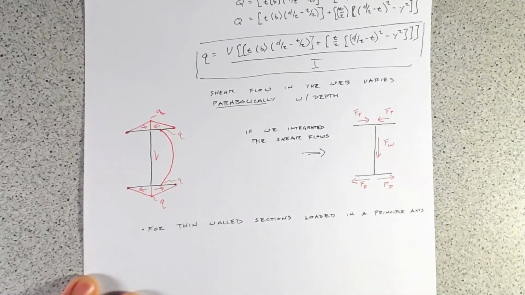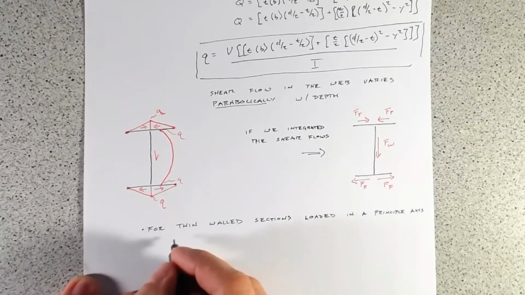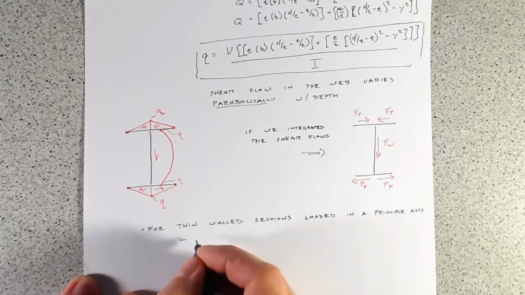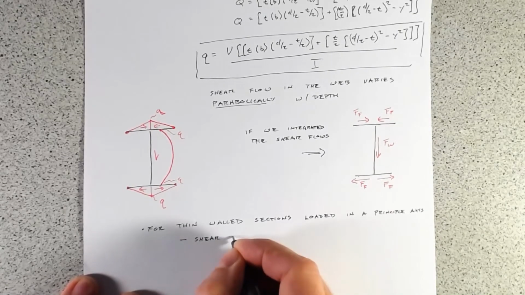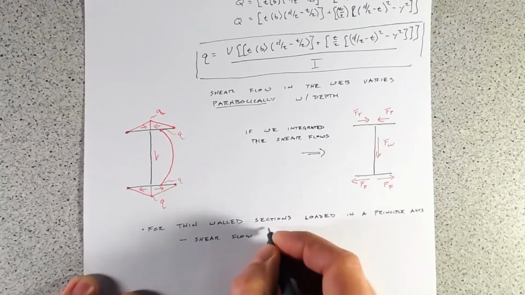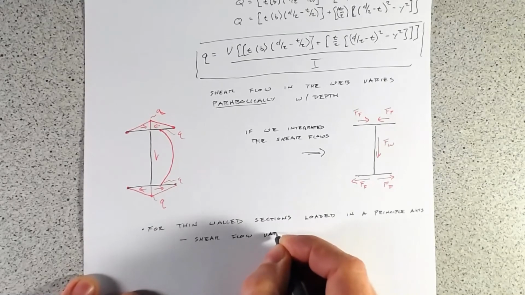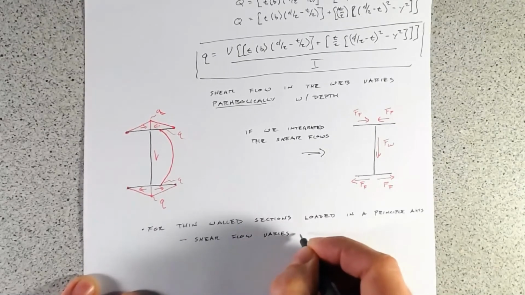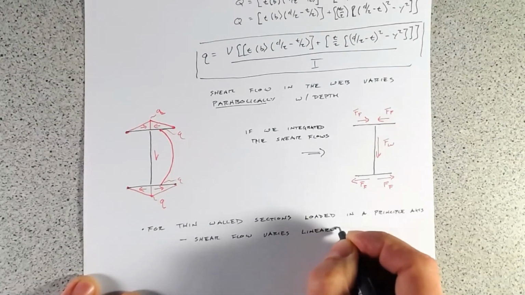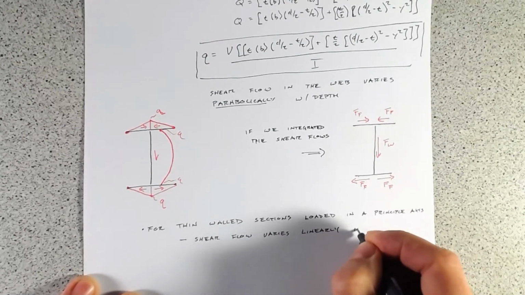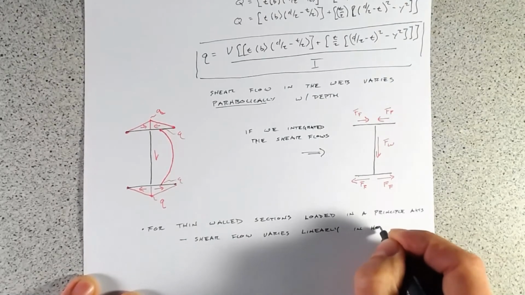But for thin wall sections loaded in a principal axis, shear flow varies linearly in horizontal pieces.